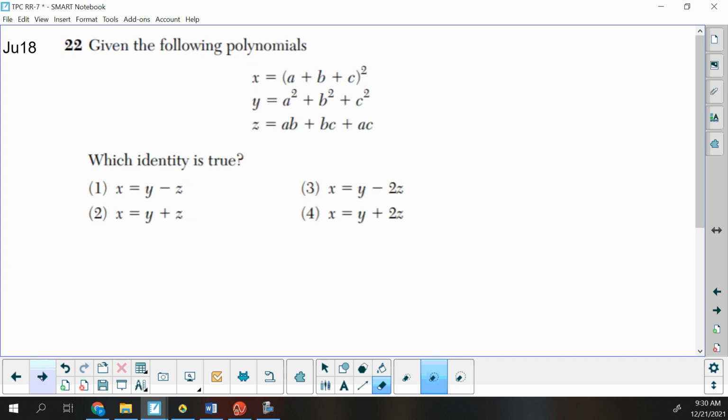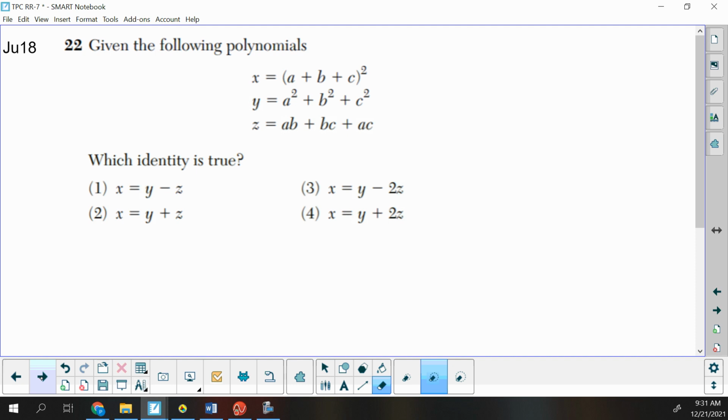So we're going to go June 2018, number 22. So we want to know which of these identities is true for x, y, and z.